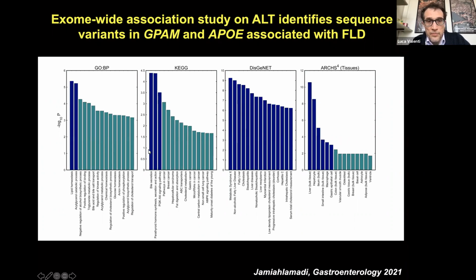So, for example, here I show you this pathway analysis showing that among the most represented pathways among these loci associated with ALT level were lipid homeostasis and the synthesis of acylglycerol and their catabolism, in particular within the liver.